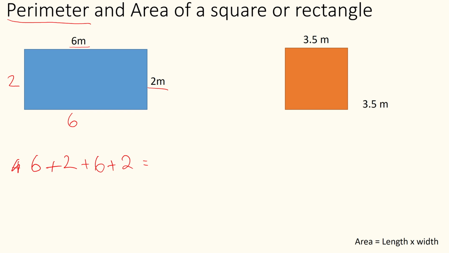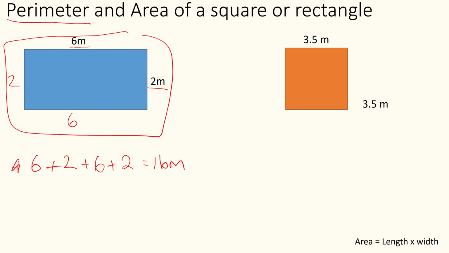So if you add them all together, you get 16. So the distance all the way around this shape, if you are walking all the way around, you will have walked 16 meters.